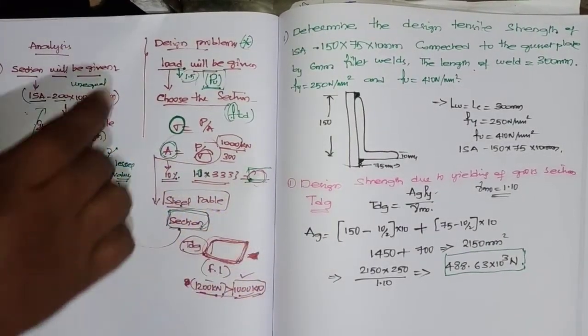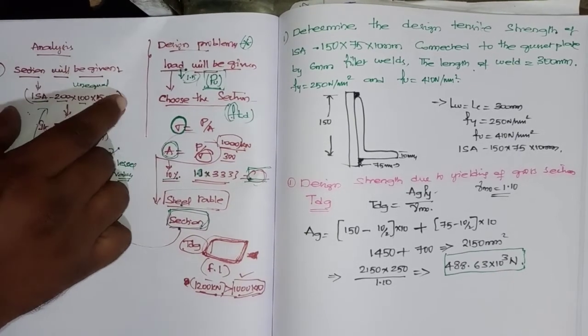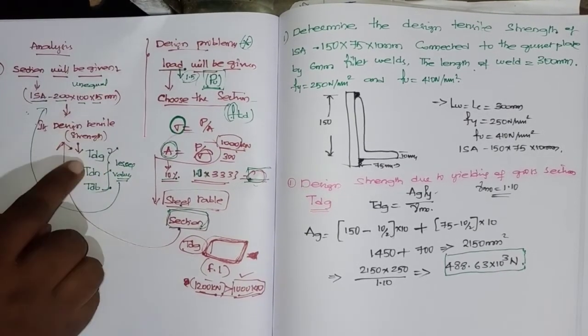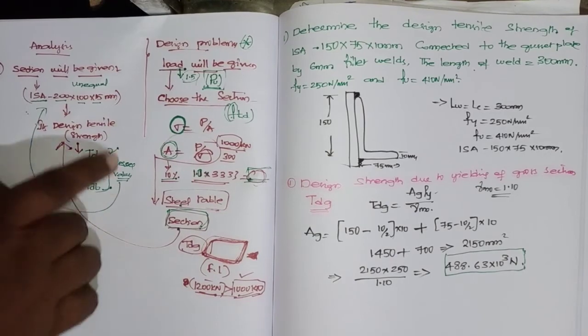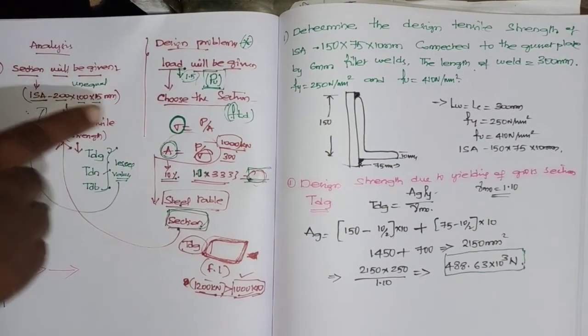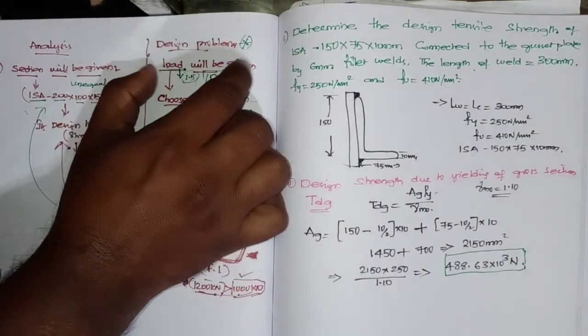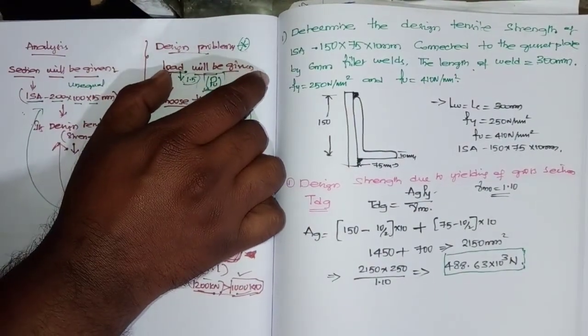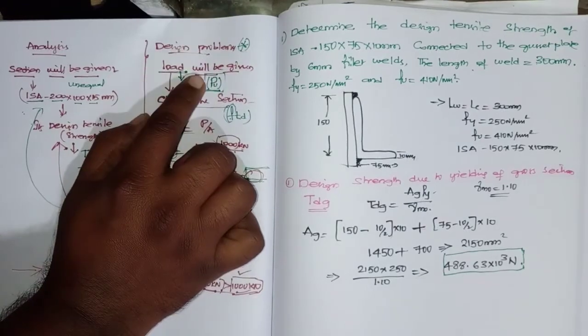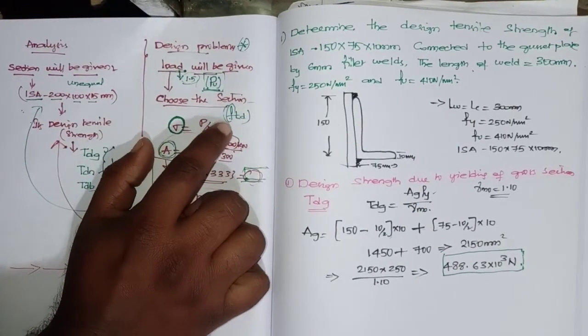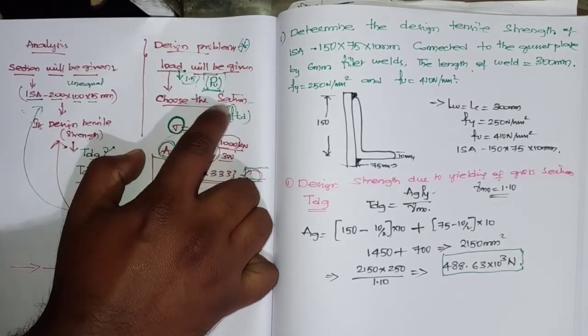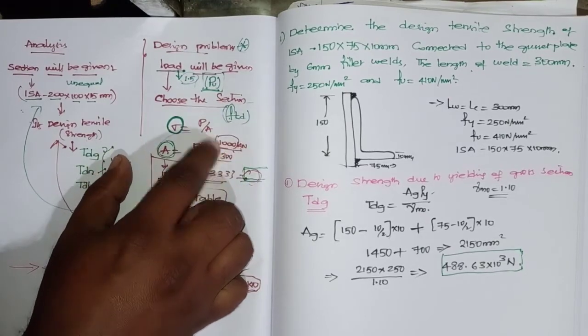Analysis means section details will be given. Based upon the section details you are going to calculate the TDG, TDN and TDB. The lesser value will be given as the tensile strength of that particular section. Design means what? Load will be given. Based upon that load you have to make it a factored load. Assume the FTD value, the permissible design stress value. Based upon that you will get the area.